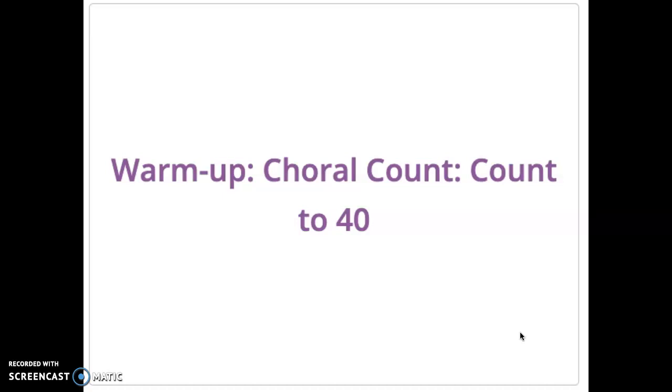Once we did our choral counting today, we also did an activity where we had partners and we counted back and forth as high as we could go. What that would look like is you would choose somebody from your family, or your brother, or whoever happens to be around, and you go back and forth and count with them.